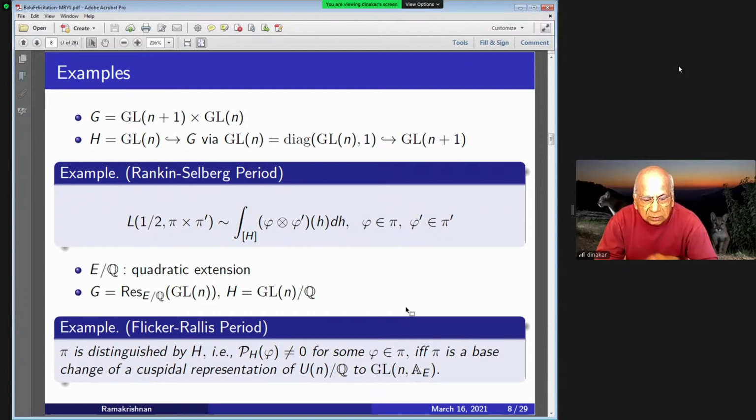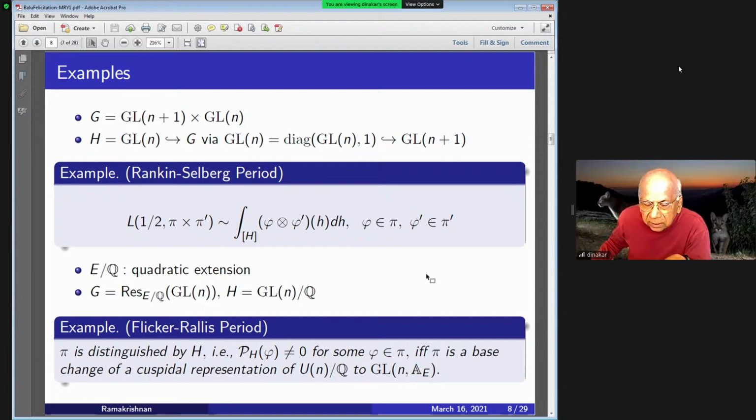So you can show that if you take a cusp form pi on G, and suppose it's distinguished by H, then it comes from a cusp form on some unitary group. I'm mentioning it for two reasons. One is to show that the non-vanishing of periods implies something strong about the form. Not every form is going to have a non-vanishing period. Often it's zero, so to prove that it's non-zero is not trivial many times.